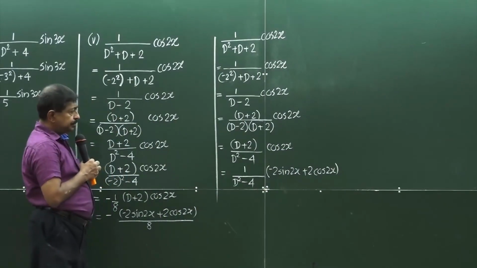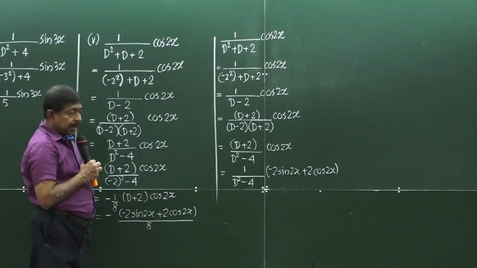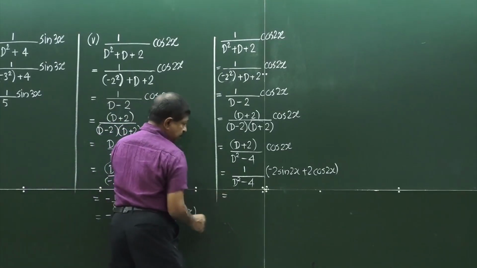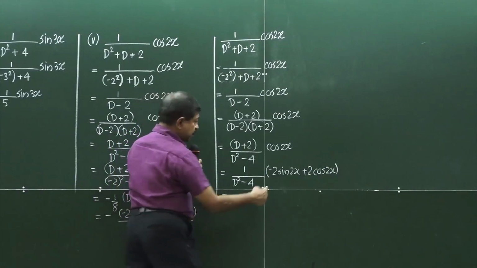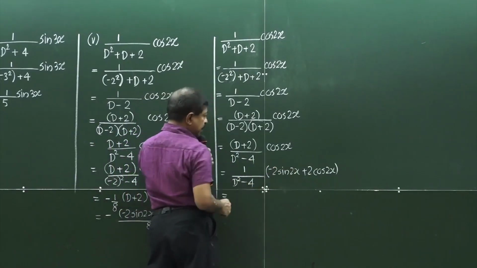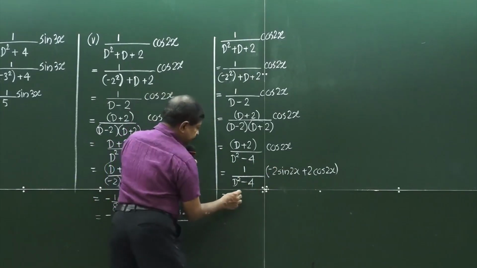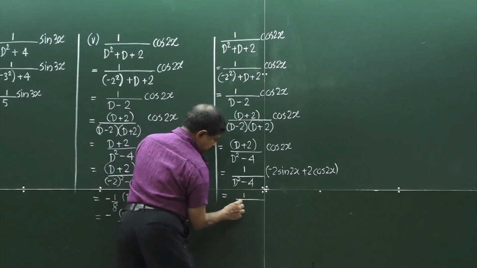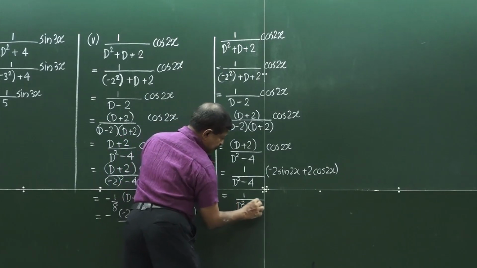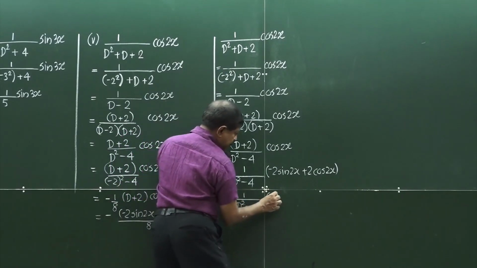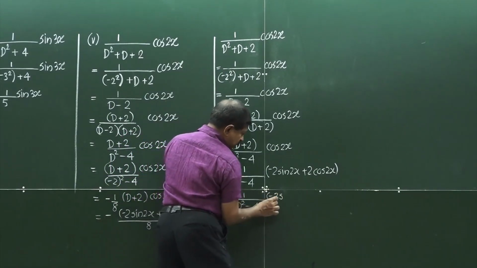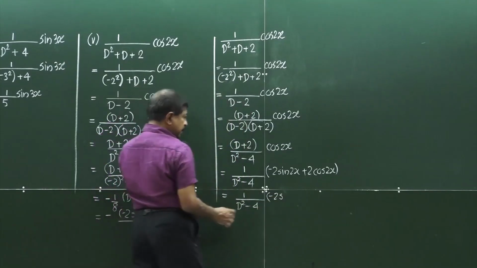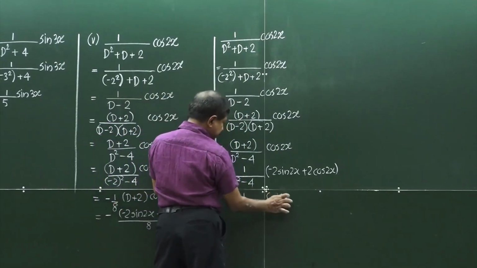Now apply this rule again. How would you do that? Minus 2 times sine 2x. So I'll do it like this. Apply this rule one term at a time. You have minus 2, so I can write minus 2 here because it's linear.